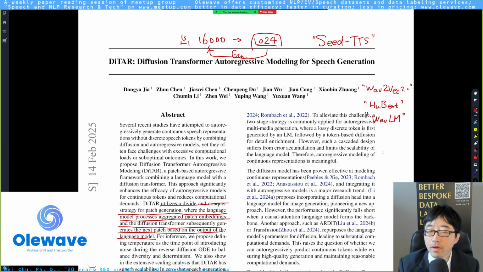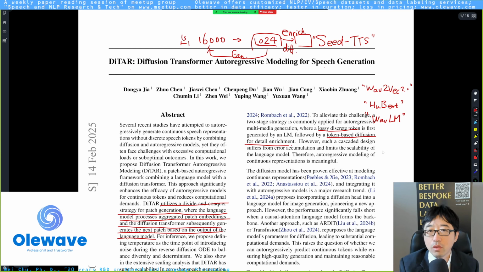They first generate lossy discrete tokens, then use token-based diffusion for detail enrichment, to get more information out of it through a diffusion model.